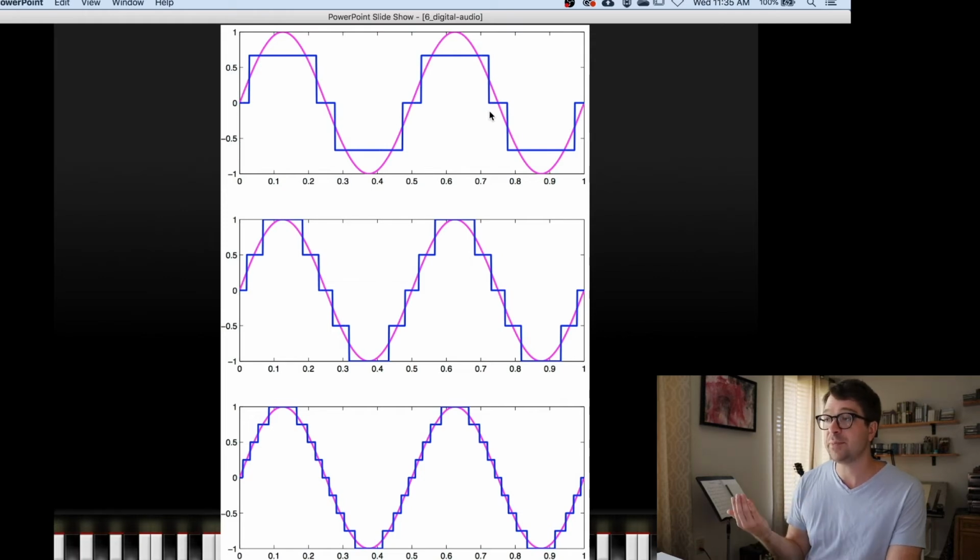So even though our sample rate's pretty good, if our bit rate isn't good, it won't represent the signal very well. So this has 5 steps of measurement. So we add another bit, then we get that much better of an image. If we add more, so 1, 2, 3, 4, 5, 6, 7, 8, 9, now we have 9 steps of measurement. It represents the wave even better.